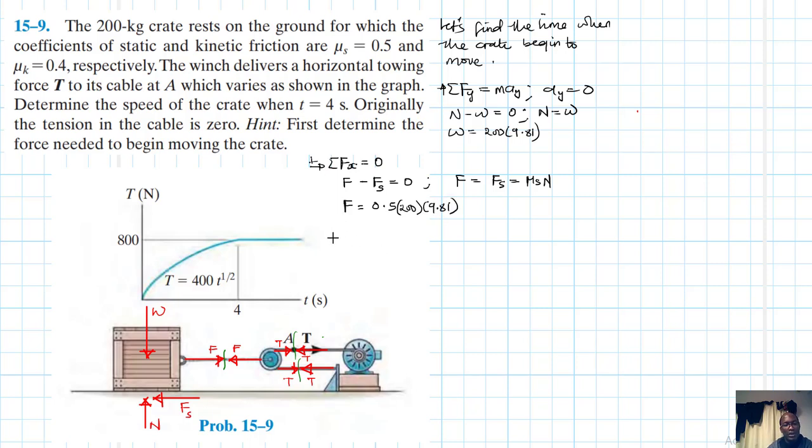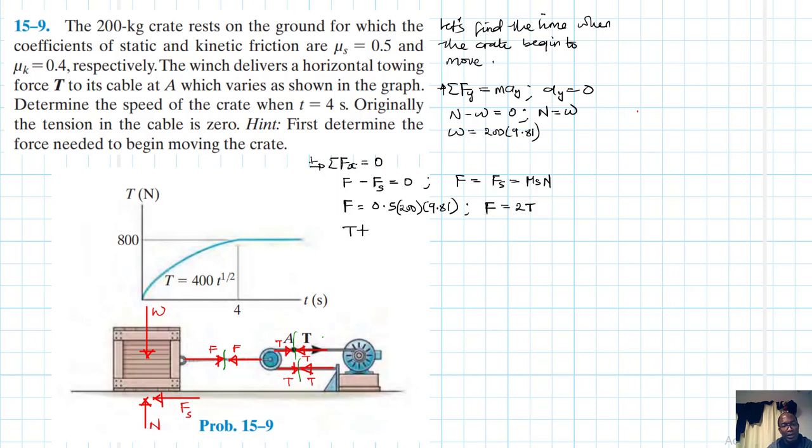So let's find what this F is from this equation. We know that F is just going to be equal to 2T, right?